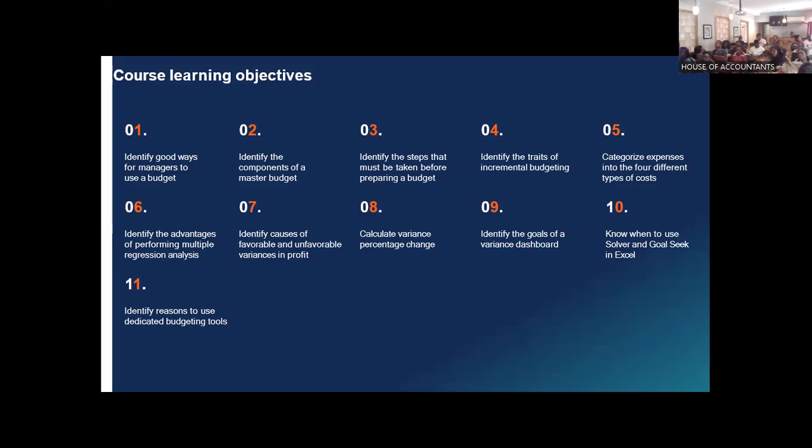Then we calculate variance percentage change, like our trend analysis, for those who have done the case study. Then identify the goals of a variance dashboard. Know when to use Solver and Goal Seek. Then number 11 is identify reasons to use dedicated budgeting tools.